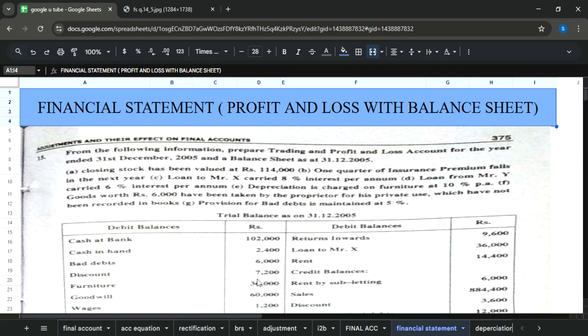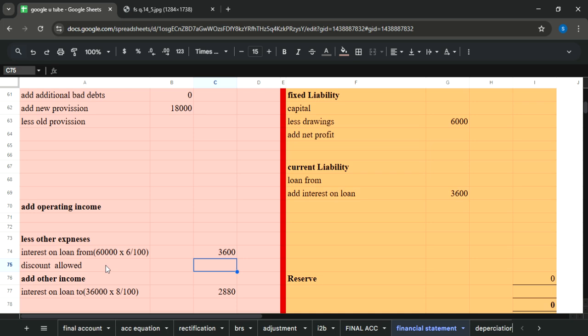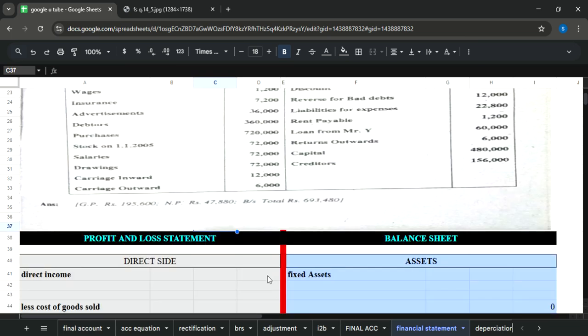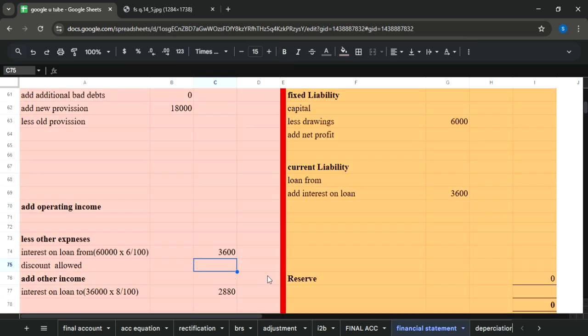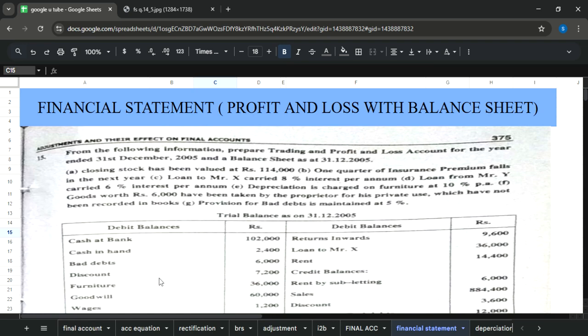So you will go to other expense side and here you will mention discount, and since we have just categorized it as allowed discount, so we will write it as discount allowed. Amount of discount is 7,200. Just write down 7,200.